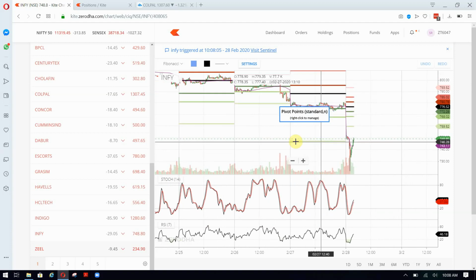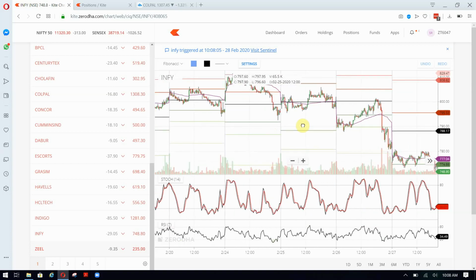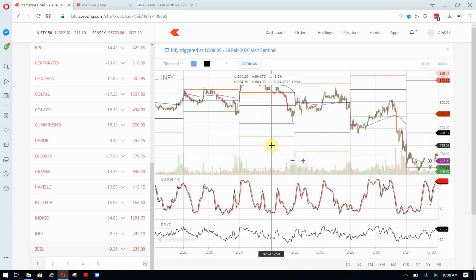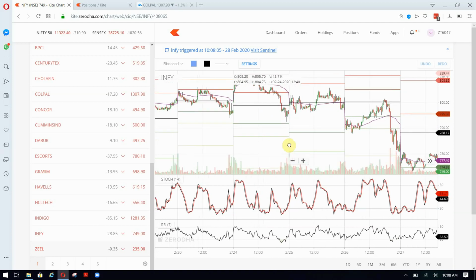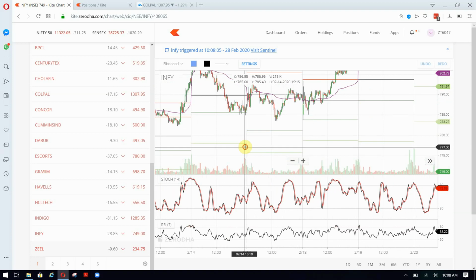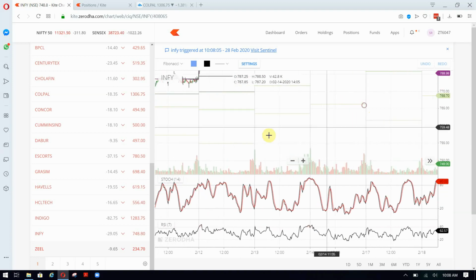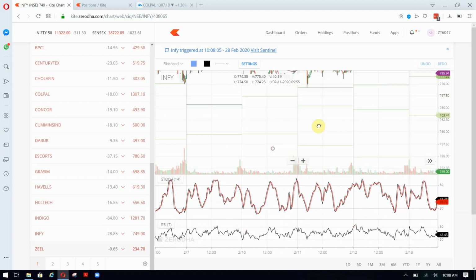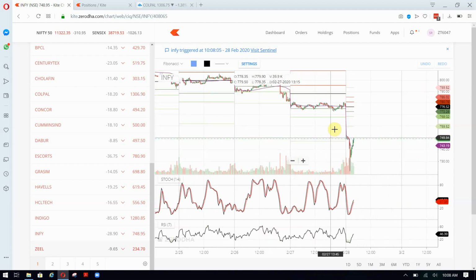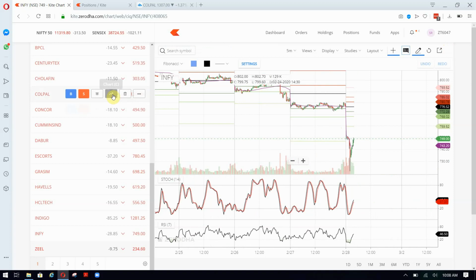Maybe if I go somewhere to 749. See, I'm not at all seeing that price. So let me not take the risk. I'm going to let this Infy go.